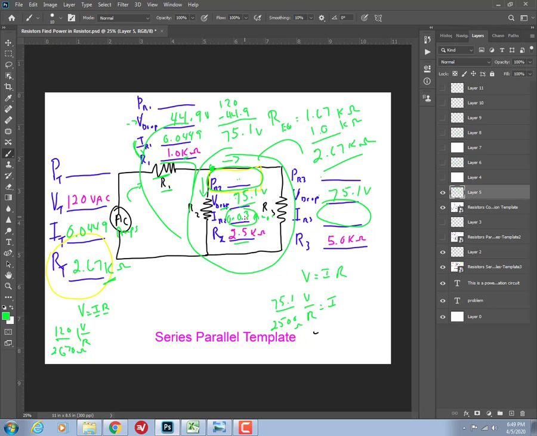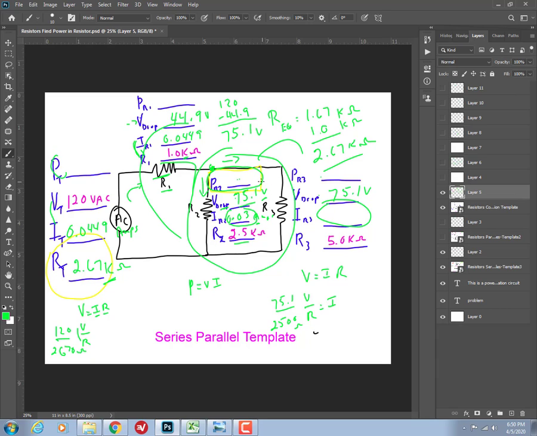Now we have our voltage drop of 75, so now we can use our power formula. Power equals volts times current. Power equals V times I, or E times I. We know our volts, 75.1 multiplied by our current, and these units are correct. Amps.